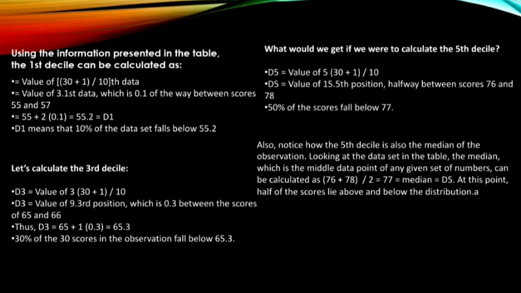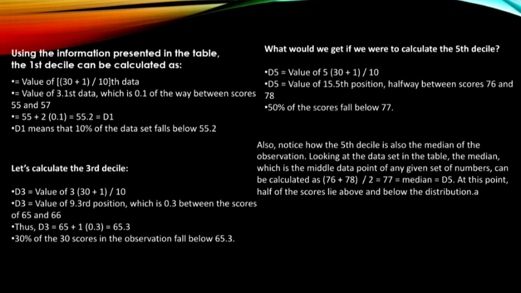Thus, D3 is equal to 65 plus 1 times 0.3, which is equal to 65.3, which means 30% of the 30 scores in the observation fall below 65.3.